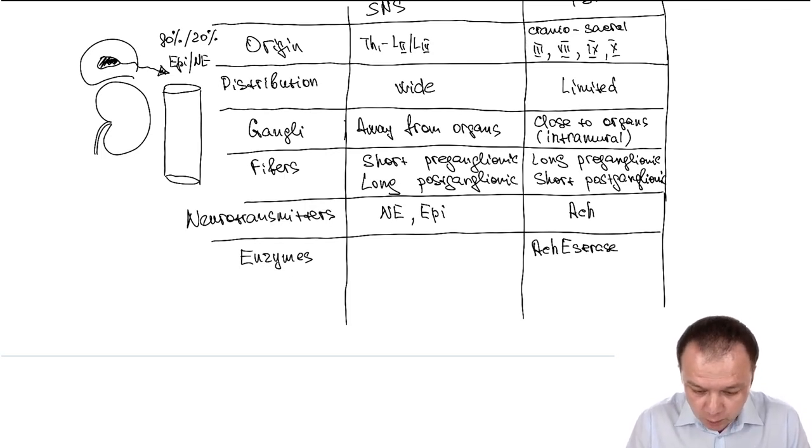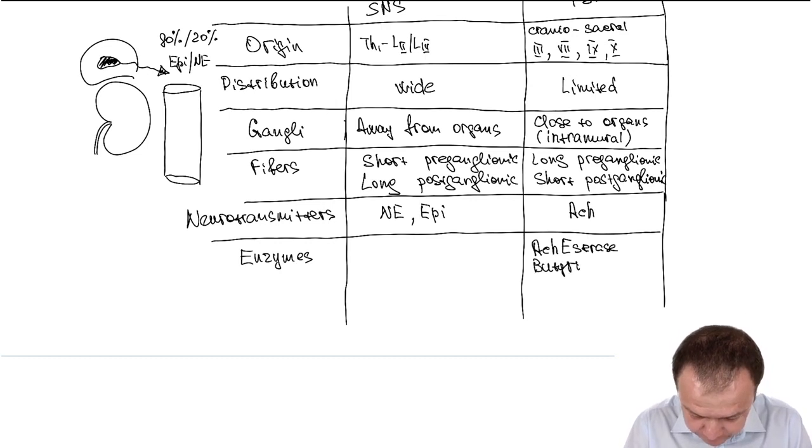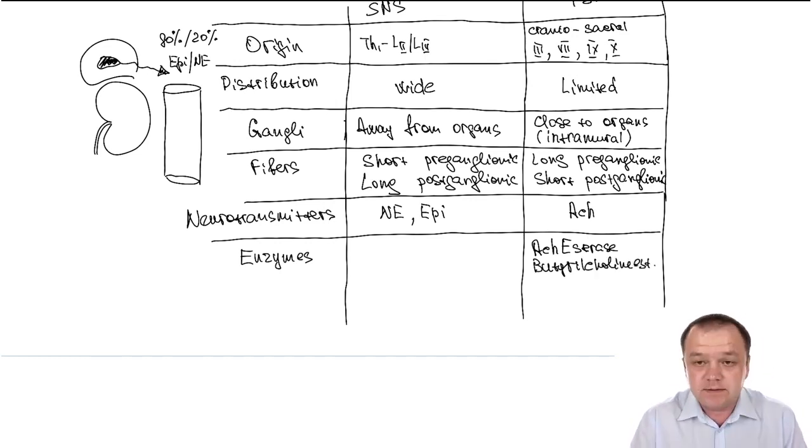But we also have butyrylcholinesterase. This butyrylcholinesterase is present in blood plasma, and it also degrades acetylcholine, but is also responsible for degradation of local anesthetics and depolarizing skeletal muscle relaxants called succinylcholine.